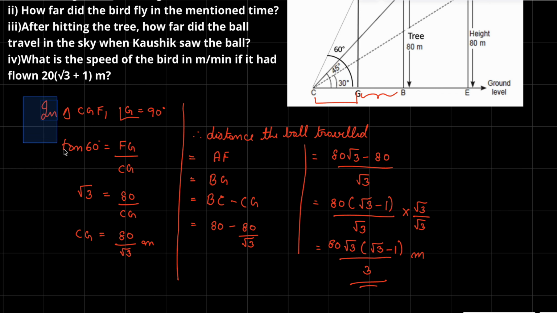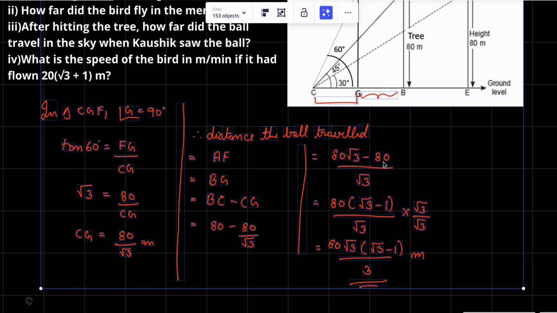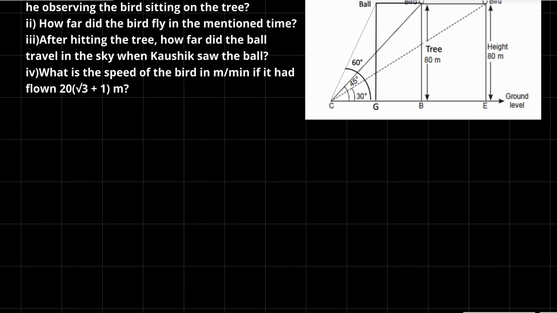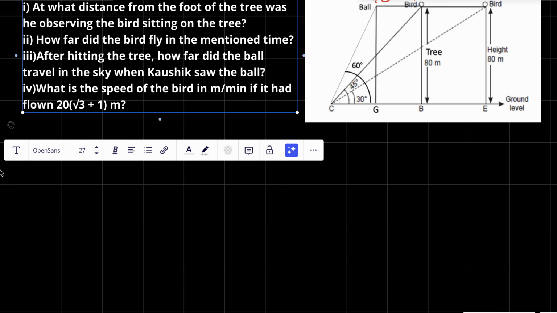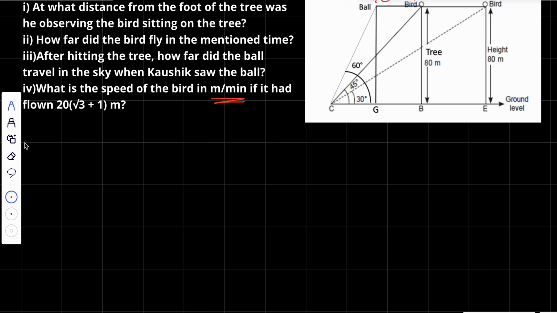Now finally, the last part of the sum is left. What is the speed of the bird in meters per minute? This is the part we need to be careful about. Meters per minute. It had flown only a distance of 20 into (√3 plus 1).